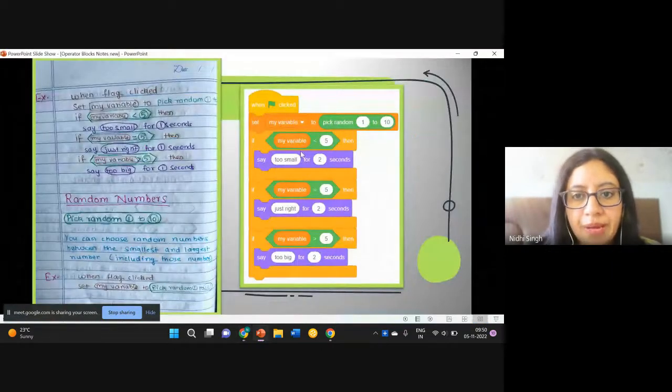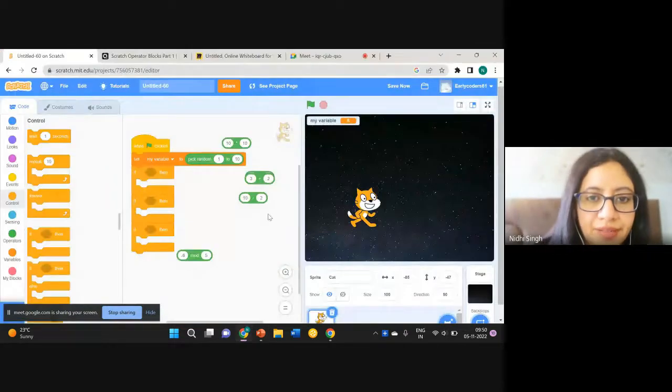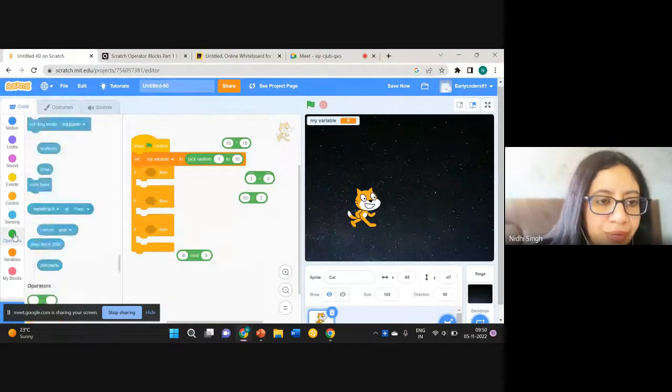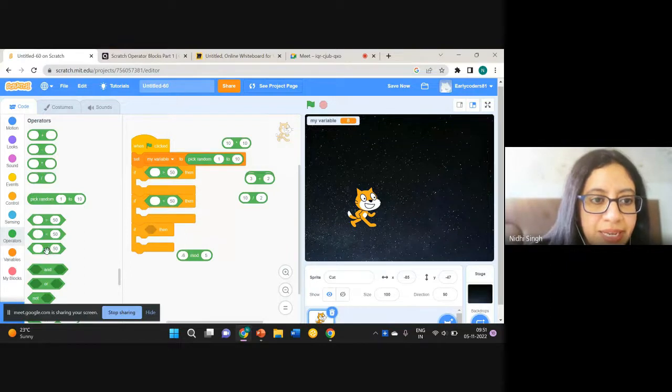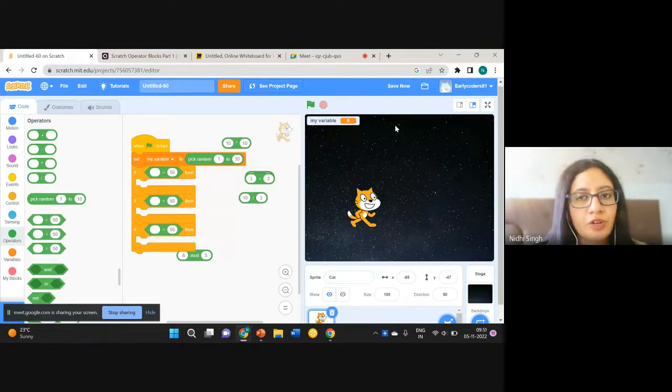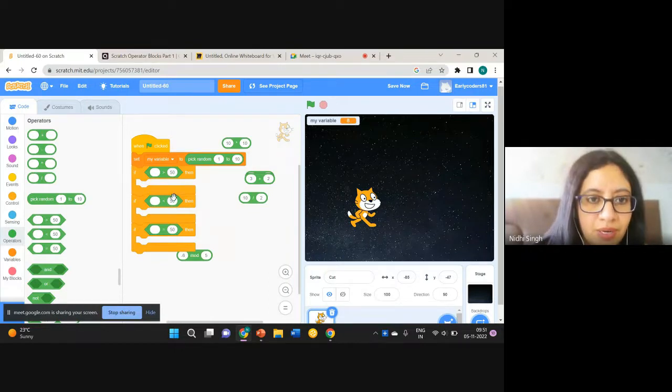If my variable is less than 5, equal to 5, or greater than 5. So three operators we can use: less than, greater than, and equal to. Only one value will be generated, but three conditions we are giving.